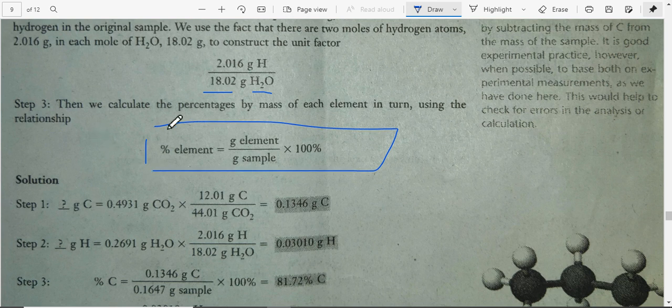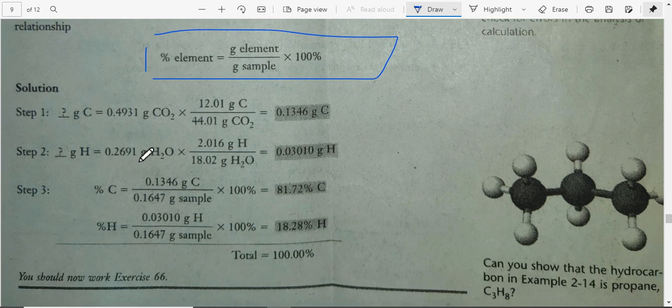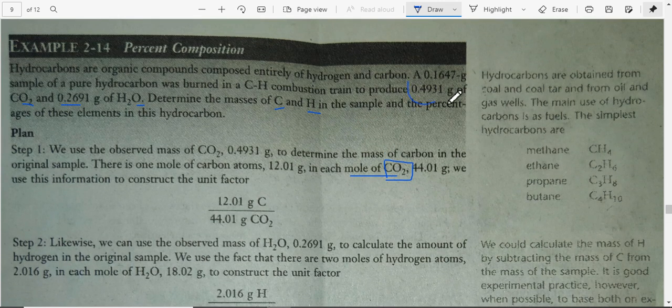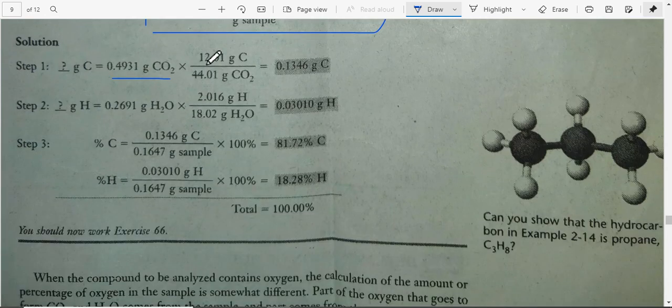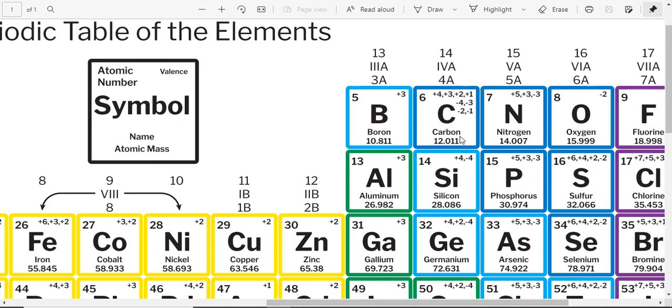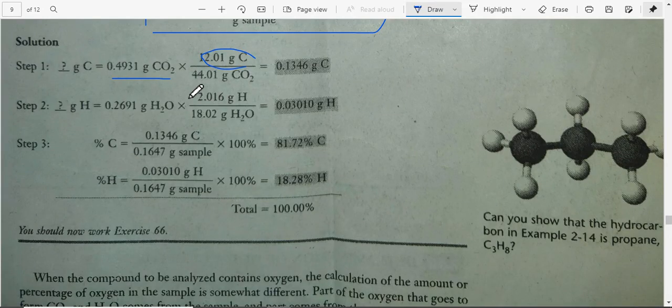That is the mass of your carbon dioxide, and that is the total mass of carbon dioxide, 44. So the units cancel out, leaving you the unit you are looking for, which is grams of carbon. To solve, it is 0.4931 times 12.01 divided by 44, which gives your grams of carbon.